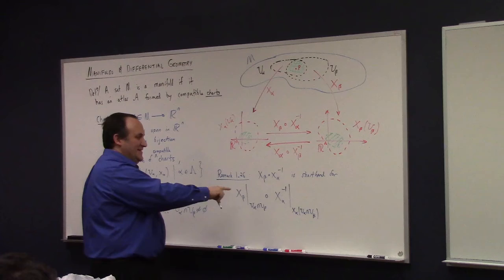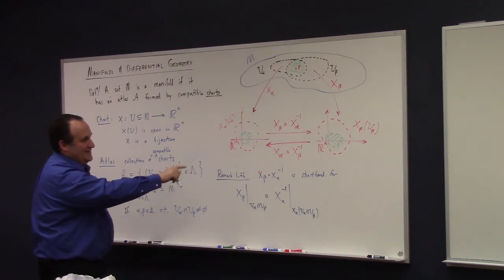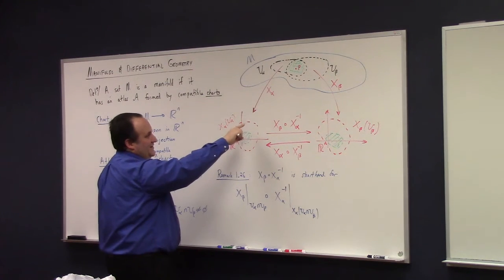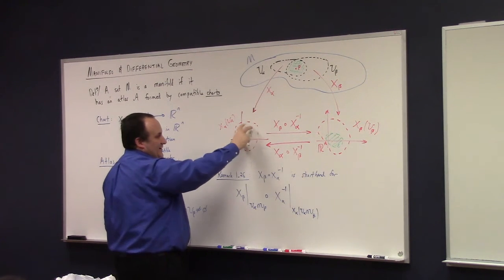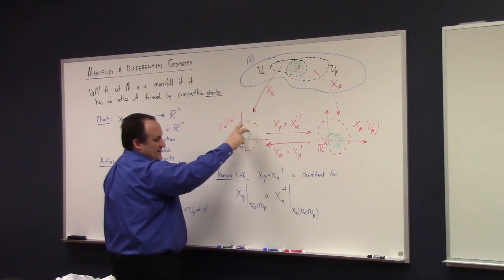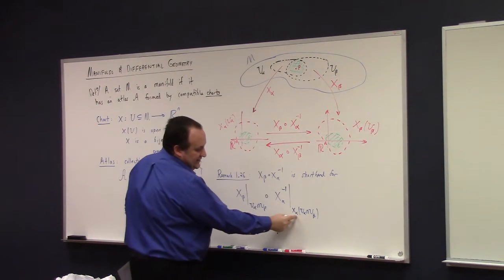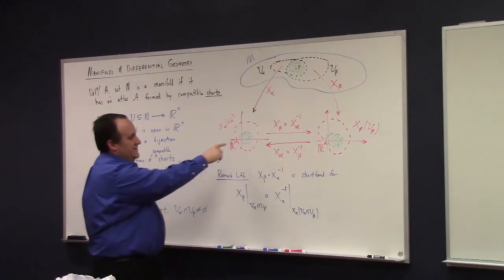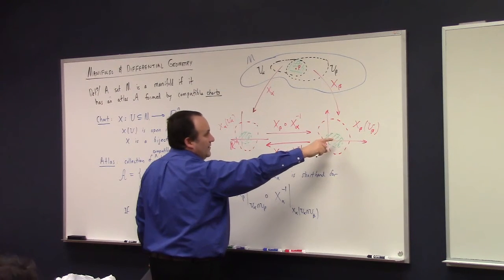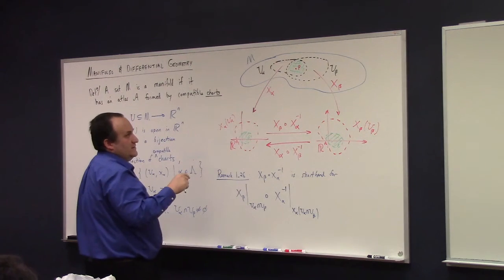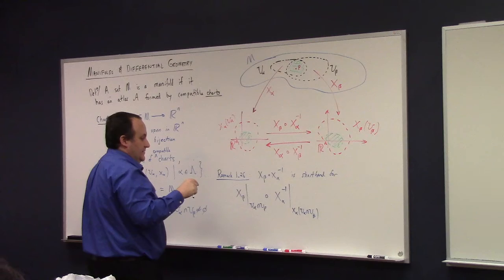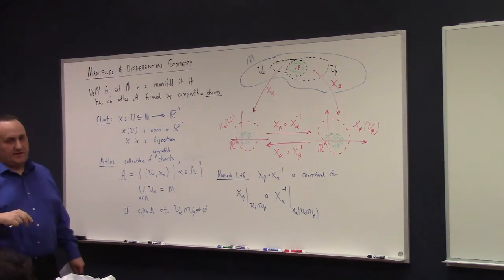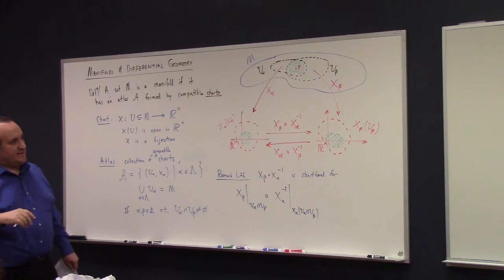So this is actually what's going on up here. Like you guys told me, really the X sub alpha inverse is only on that green part, right? The green part would be the image under X alpha of that guy.